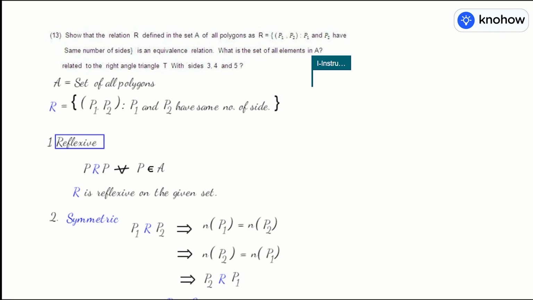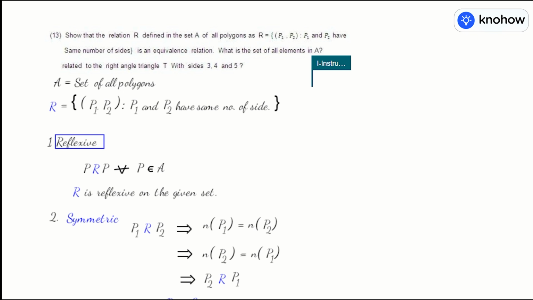So that comes later. Now let us first denote A as the set of lines in the XY plane, and R is the relation such that L1 is parallel to L2. Now number 1, let's check whether the relation is reflexive or not.